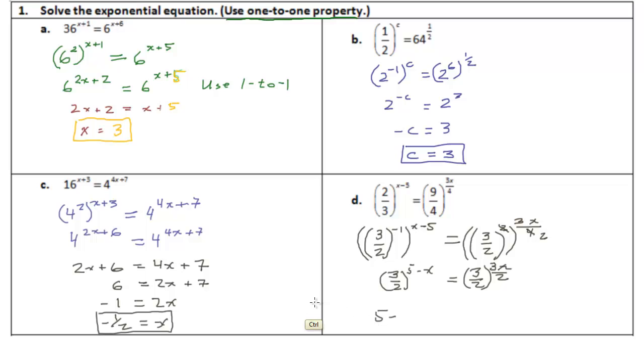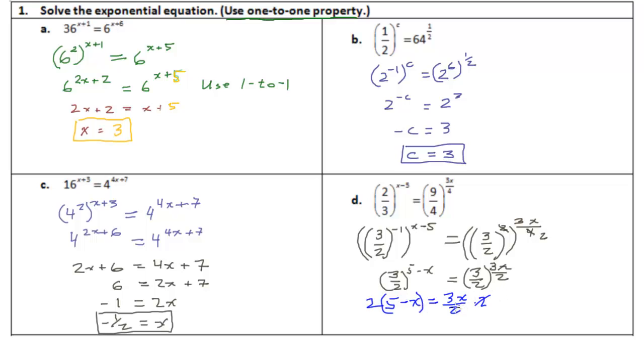Let me change colors because now I'm in the exponent. So I have 5 minus x is equal to 3x over 2. I'm going to multiply both sides by 2.